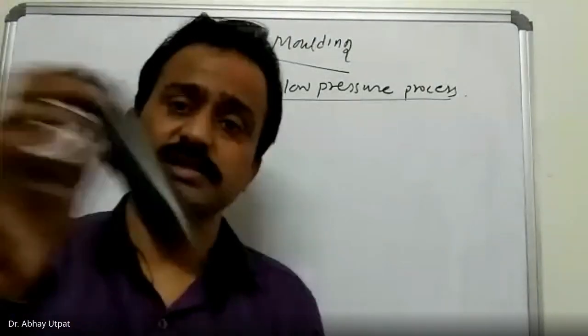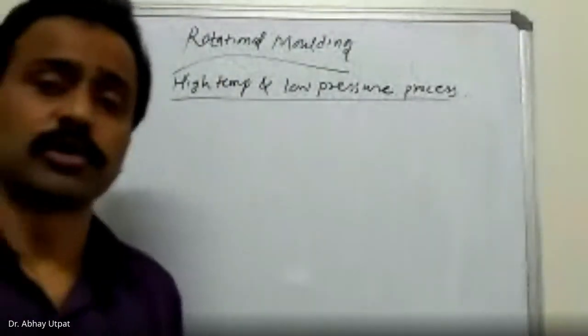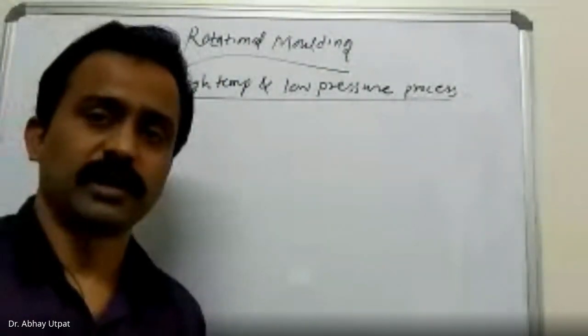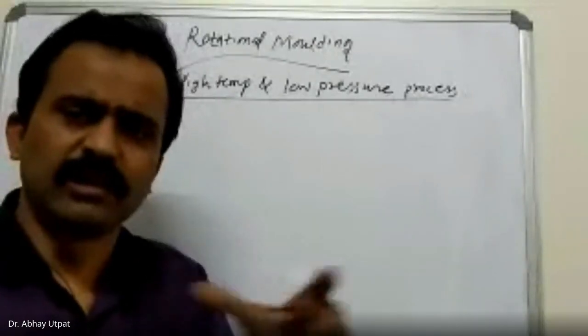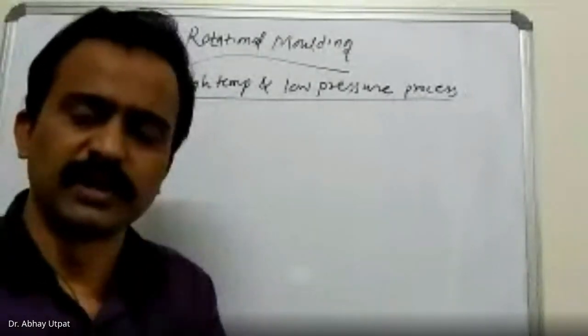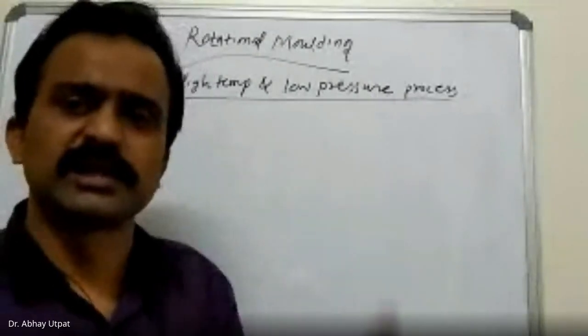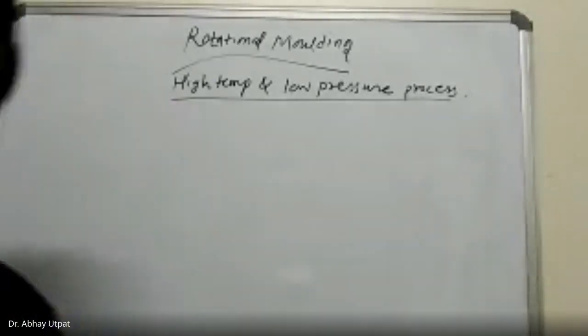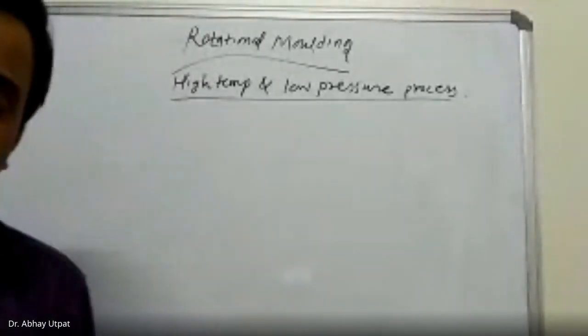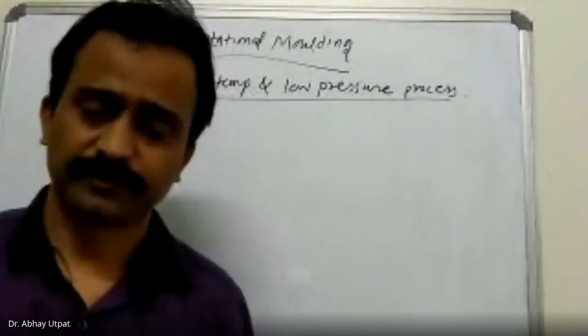At a time, 4 or 8 molds are made to rotate around some axis, at little pressure, not very high speed. So the RPM is very low. That's why it is a low pressure process. But the temperature of the mold is higher. The mold is heated by some means.